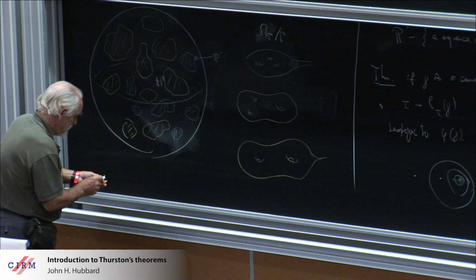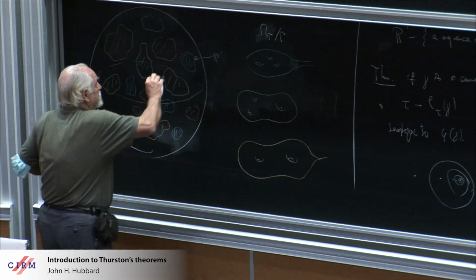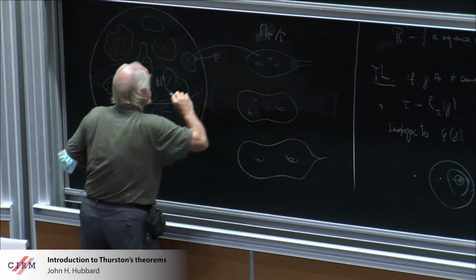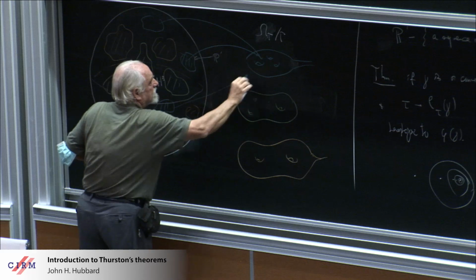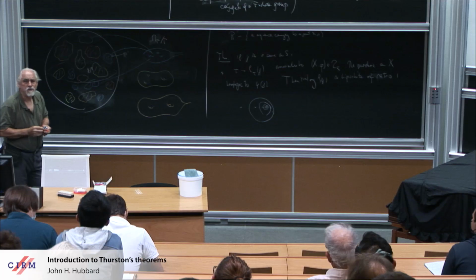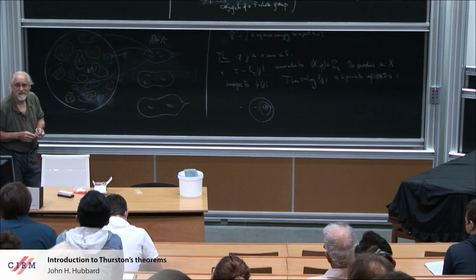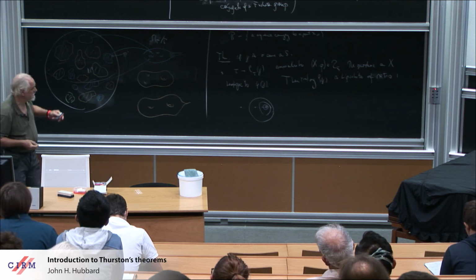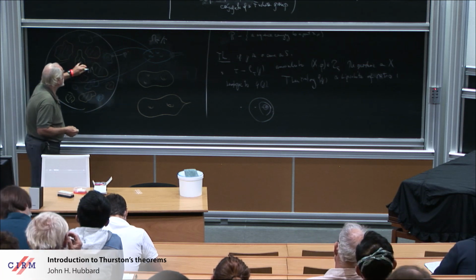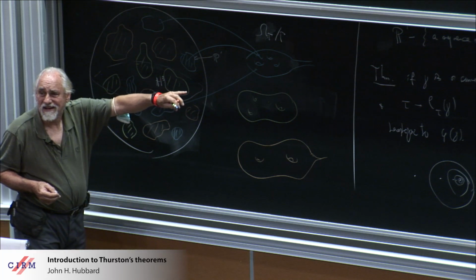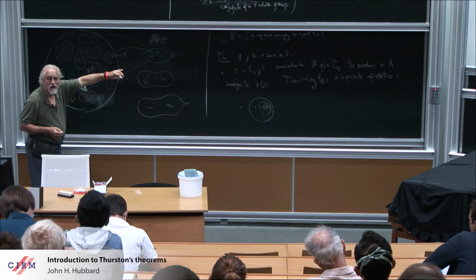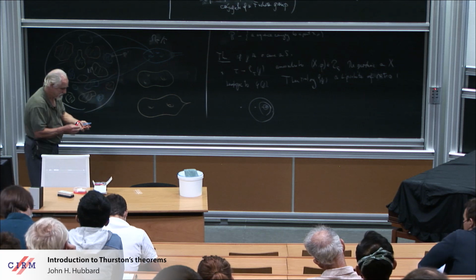And for each component, you have a universal covering space of that, which I would call a leopard spot to the corresponding Riemann surface.